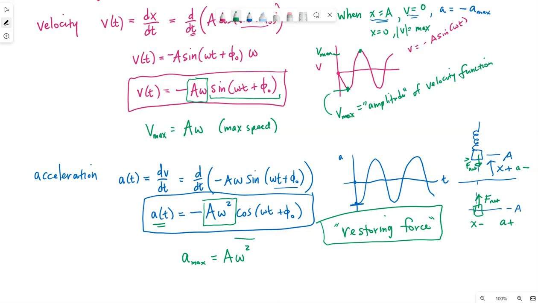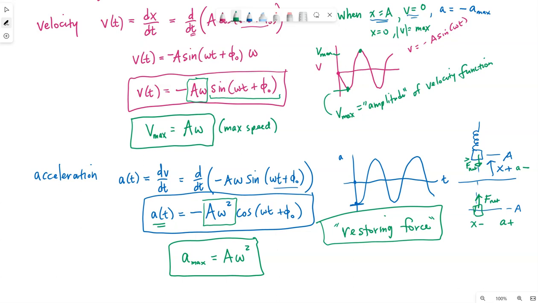So the maximum acceleration, the magnitude of it, will equal the amplitude times that angular frequency squared. So we have these two relationships that allow us to calculate the maximum values of the speed and the acceleration. And those relationships are true regardless of where the starting point was.